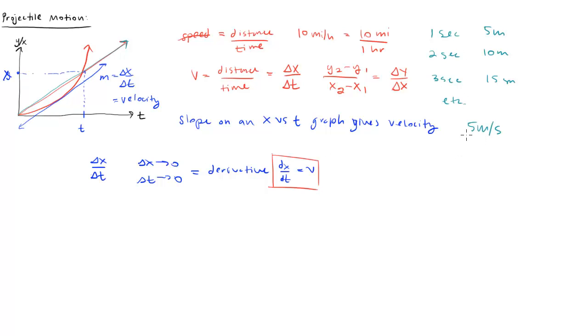And so the slope would be 5 meters per second, or dx/dt equals 5 meters a second, which means that v equals 5 meters a second.